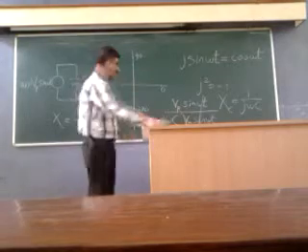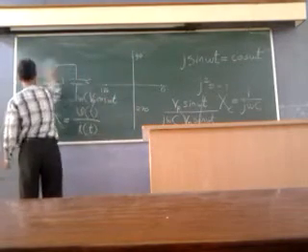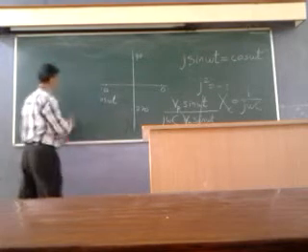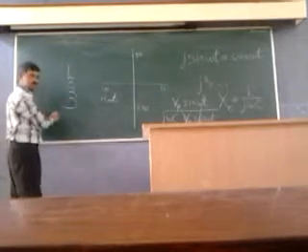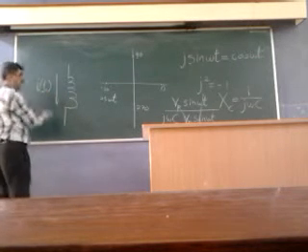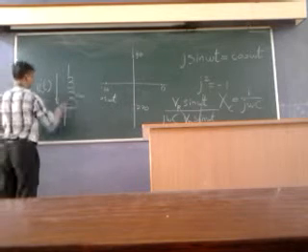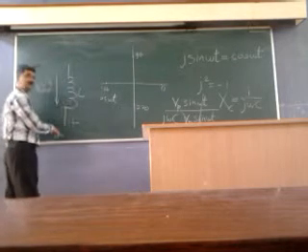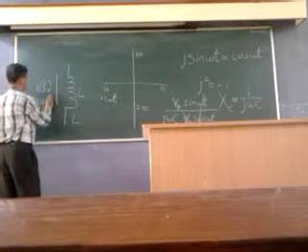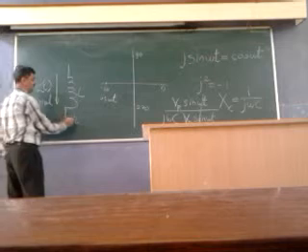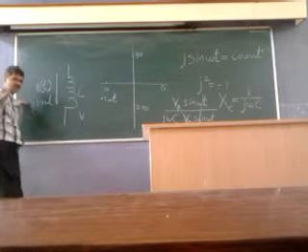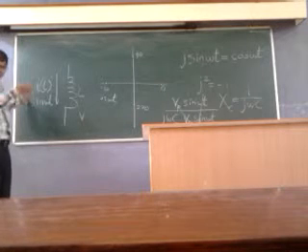Similarly, what happens to impedance of inductor? J omega L. Impedance of inductor is j omega L. Now there is no need for me to connect a source. If I have current through the inductor as It, what is voltage across it? L di by dt. So if It is sin omega t, then Vt would be, there is no need to use Ip because that is going to be cancelled anyway.